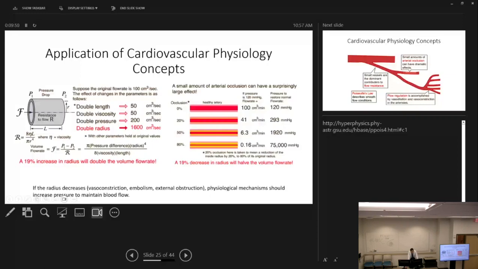In order to restore the normal blood flow to 100, notice the pressure that the heart would need to develop. That's not good. And if we have a reduction of 50% of the diameter, notice the flow is going to be 6.3, and you need to develop a pressure of almost 2,000 millimeters of mercury. And if it's an even greater obstruction, notice the pressure that we need to develop.